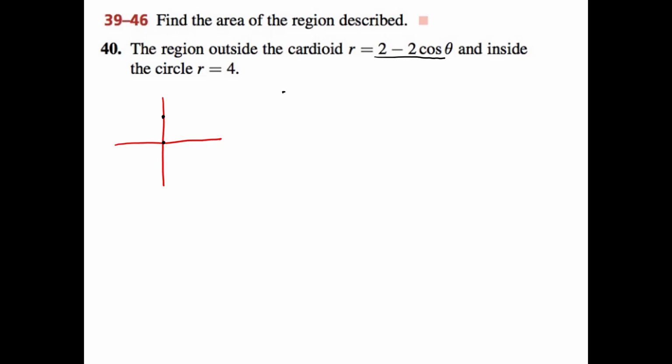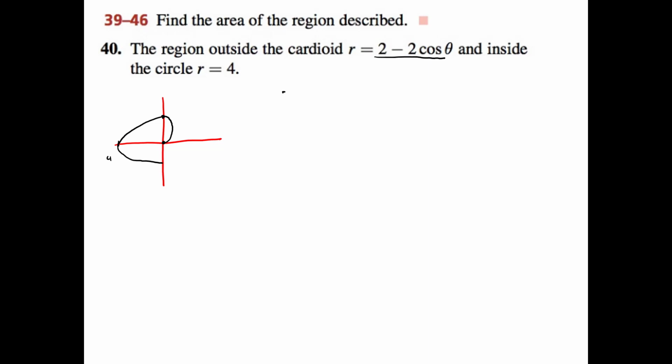So when your angle goes from 0 to pi over 2, you're in quadrant 1, and you're connecting over here. Now at pi, cosine is -1, and so with that -2, that's going to give us a positive 4. And so then you're going to cross like that. And then at 3 pi over 2, we're back at 2.